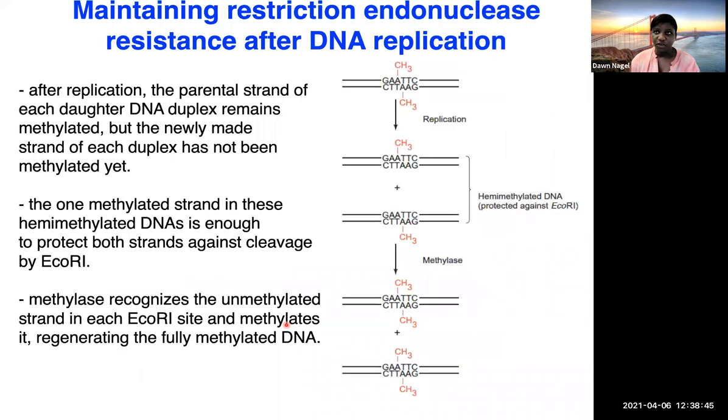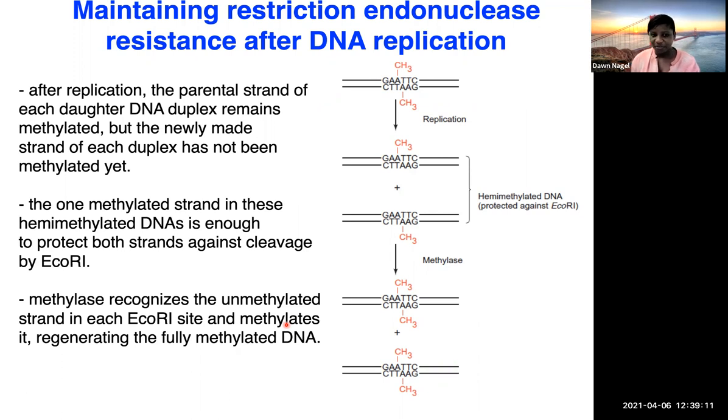Because bacteria replicate, and you'll hear more about DNA replication as we talk about eukaryotic gene expression, when we talk about changes in chromatin structure and modifications that can be made to the DNA. You need to replicate your DNA to survive, for cell division.